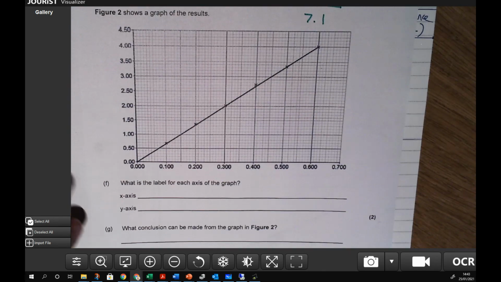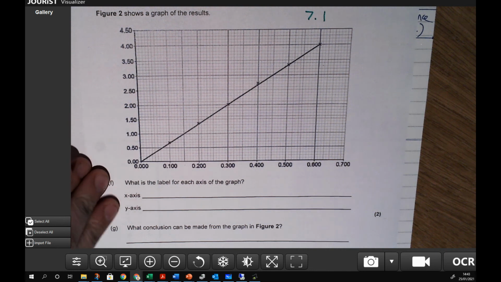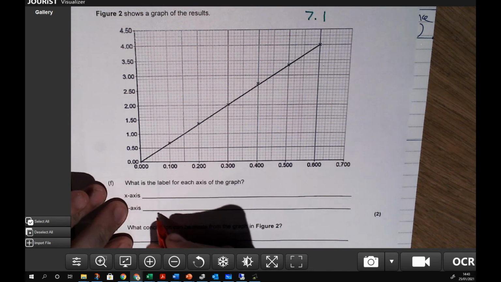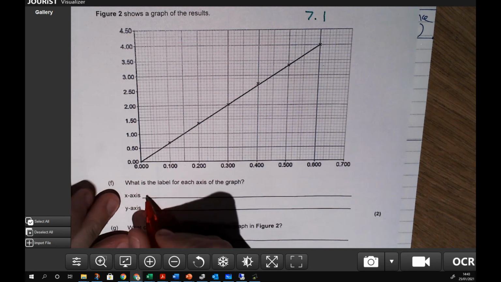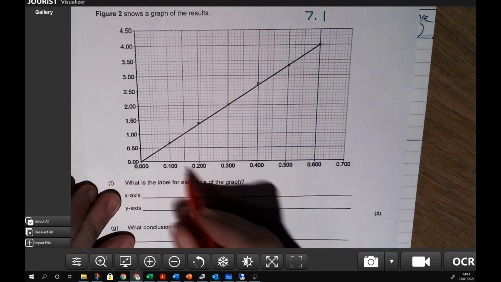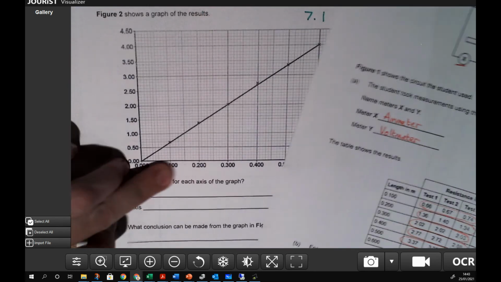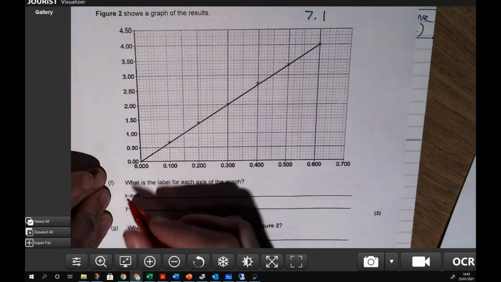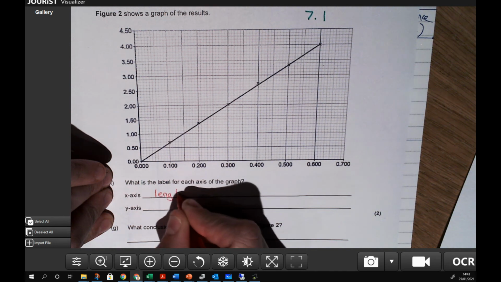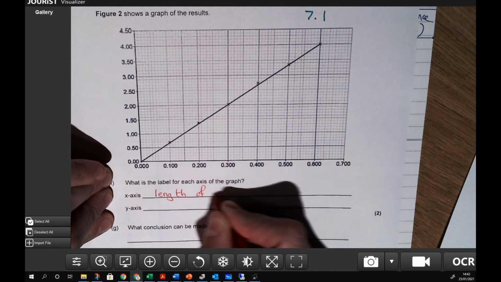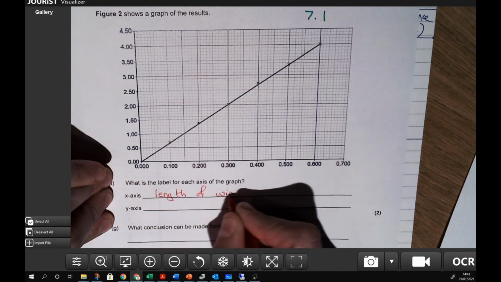Then we go on and look at the graph. Figure 2 shows a graph. What is the label for each axis? We're expecting this to be the same as the graph that I drew. So on the x-axis, we can compare this back to our results. We know that when it's going up in 0.1s, that is length of wire in meters.